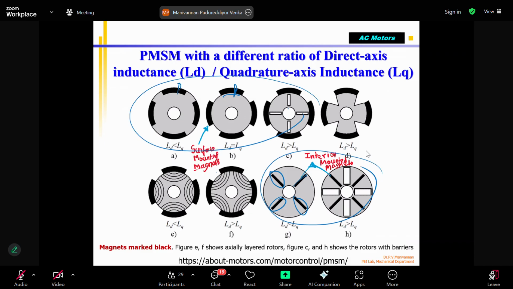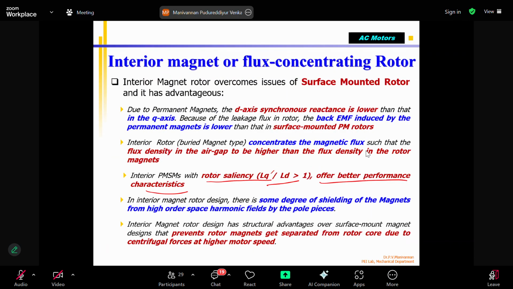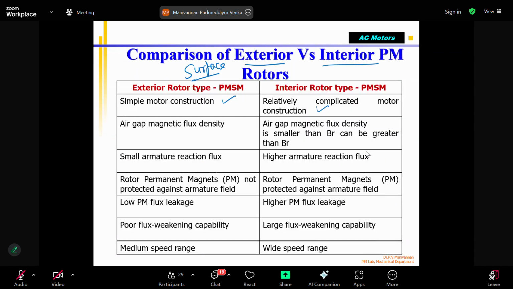And that means production, manufacturing cost, all those things. That's what we are talking about here. Then air gap flux density, correct? Air gap density is constant. Okay. Here, air gap magnetic density is smaller than BR.